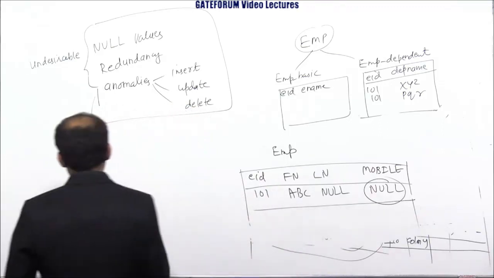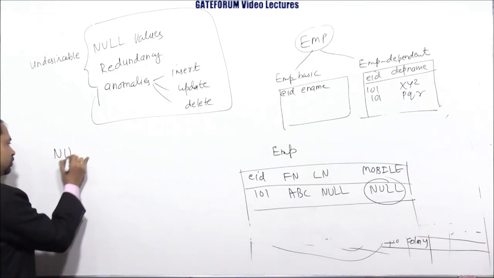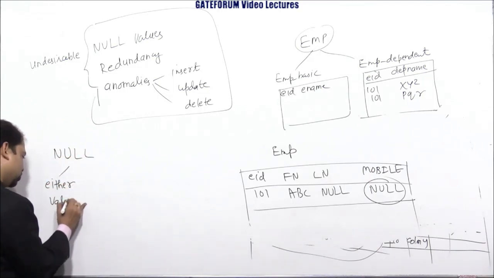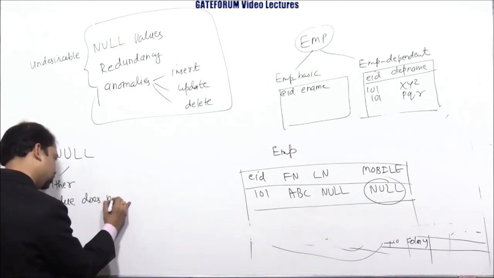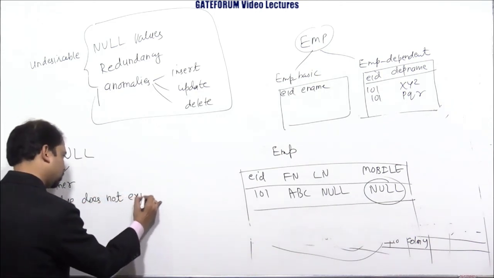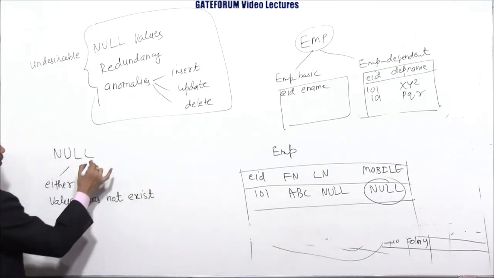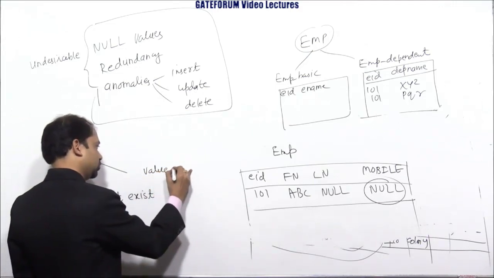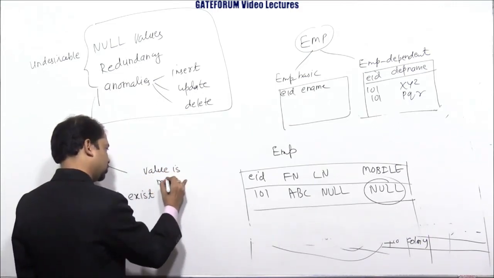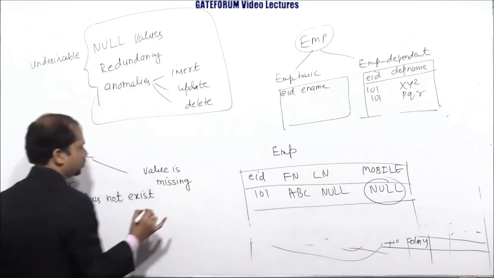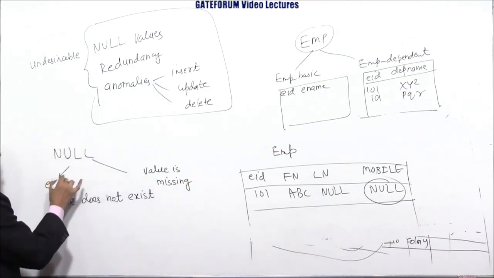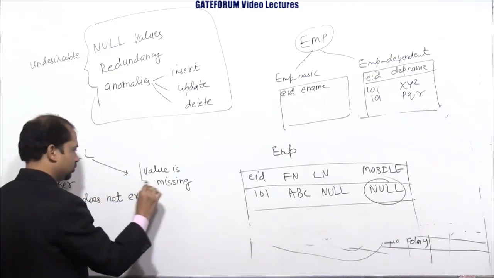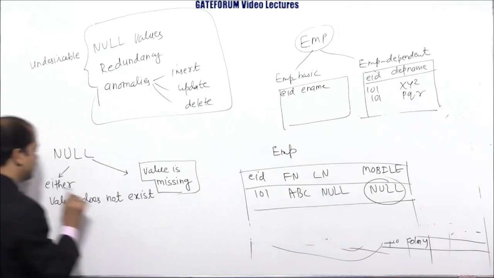If a column has a null value, null means two things: either the value does not exist, or the value is missing, and we don't know which is the case.